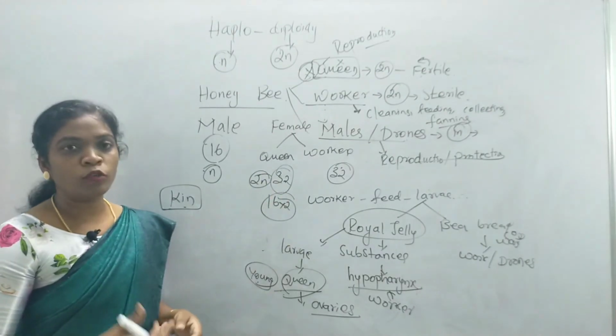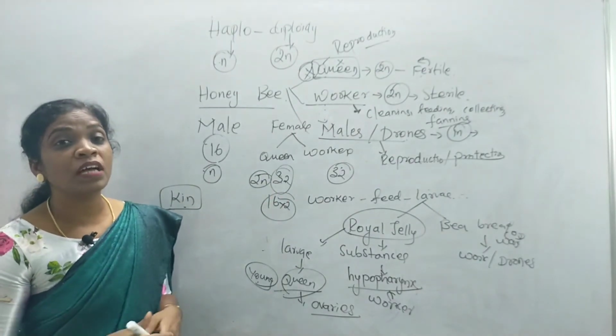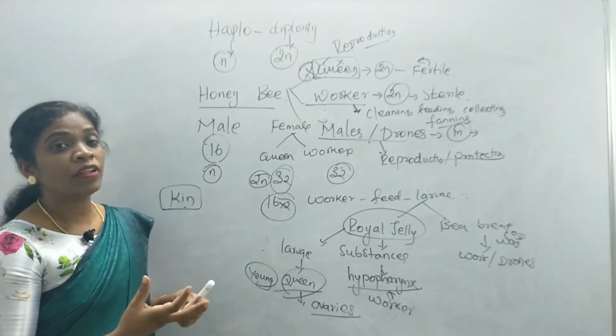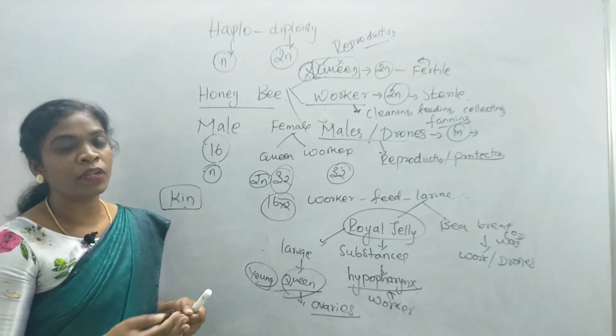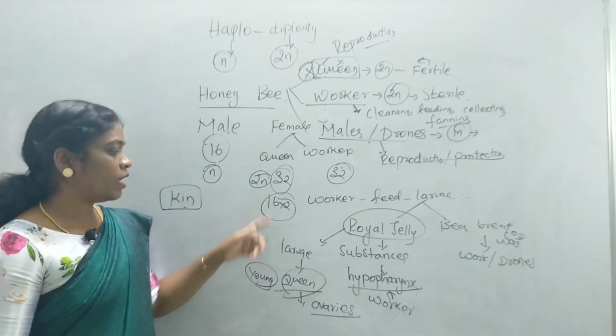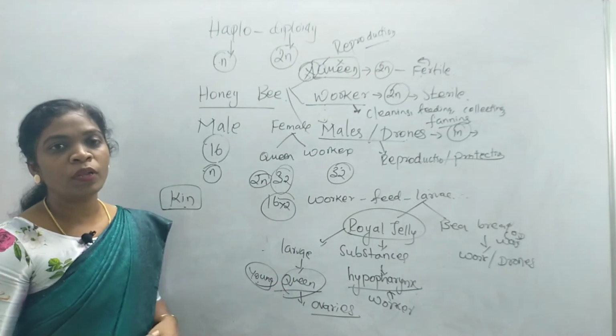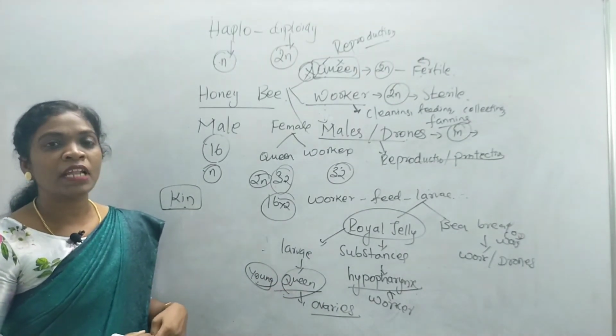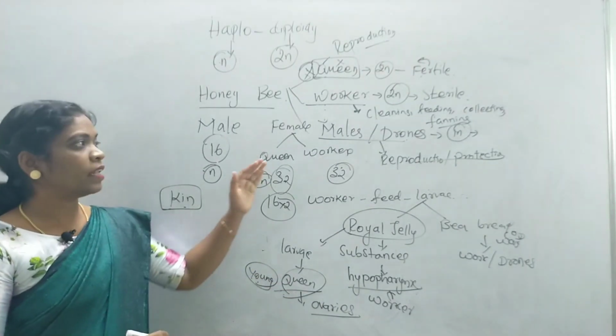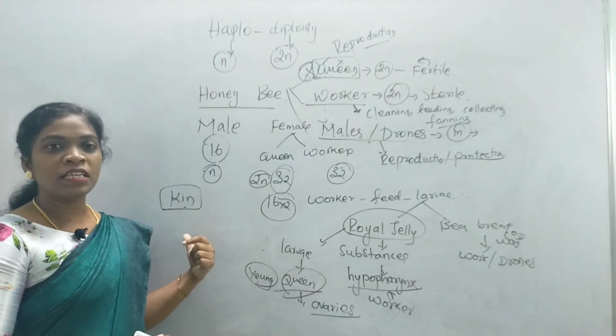The worker bees sacrifice their reproductive capacity and make another larva become the queen bee of the colony. This type of selection is seen in social insects and is known as kin selection.